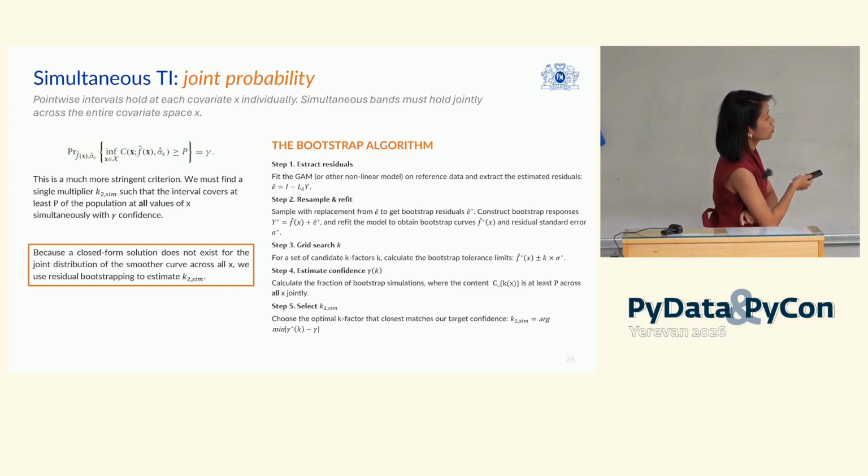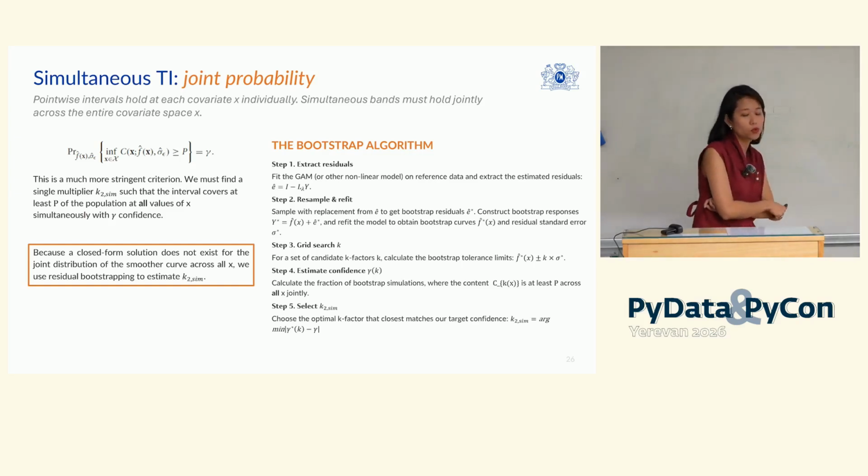You do a kind of grid search, so you give in your command the range of k to be looked into, and then for each grid of k, you estimate the proportion and the confidence you obtain. And then this algorithm is repetitively done in order to find the optimal k that will minimize this function.